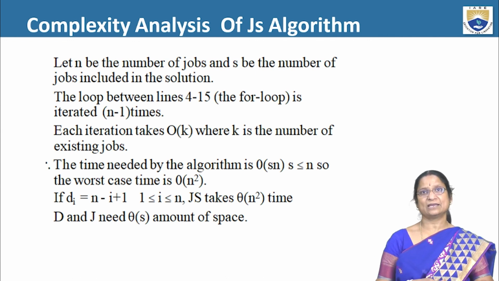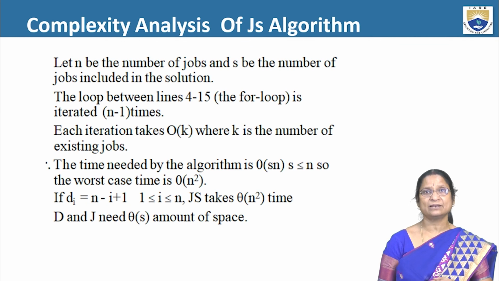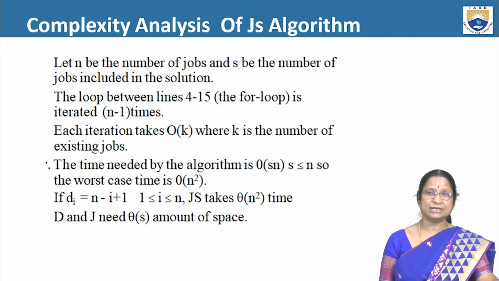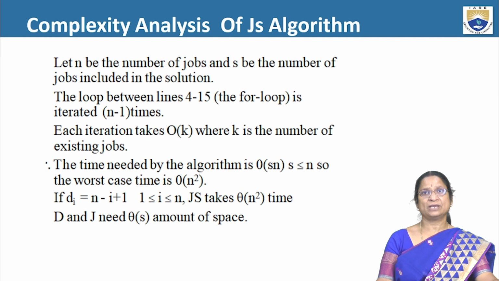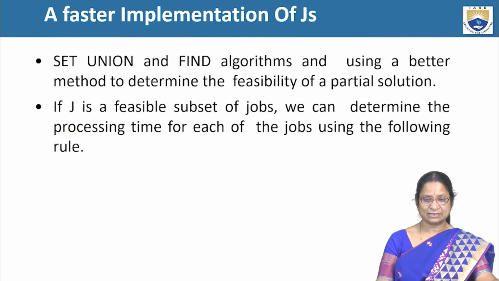If n jobs are there, our delay is going to be up to n. The amount of space required is to store the delays as well as the profits of the respective jobs. So a fixed amount of theta of S can be considered as the space required.